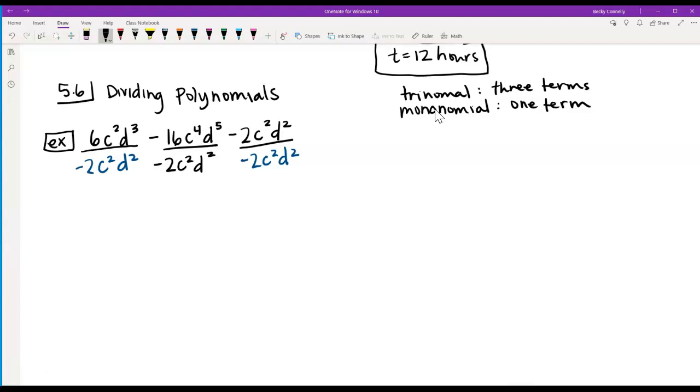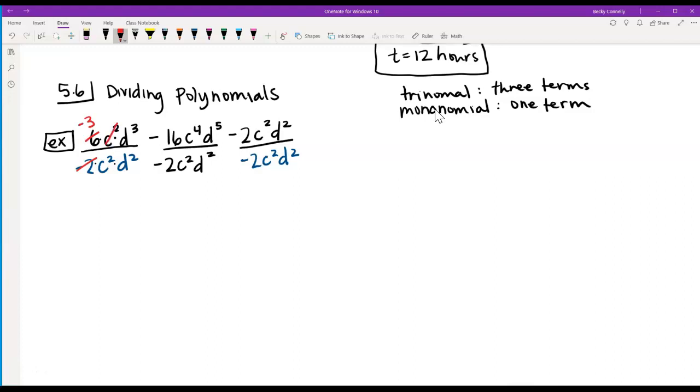Now I can do some canceling out like I was doing before, because this first term is all connected by multiplication, so I can do some dividing out. Negative 2 divides into 6 negative 3 times.